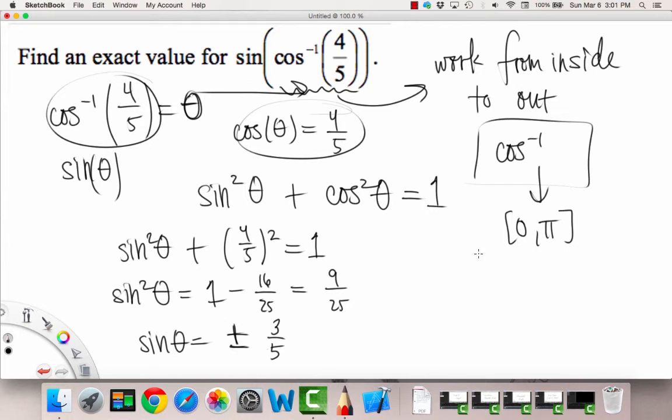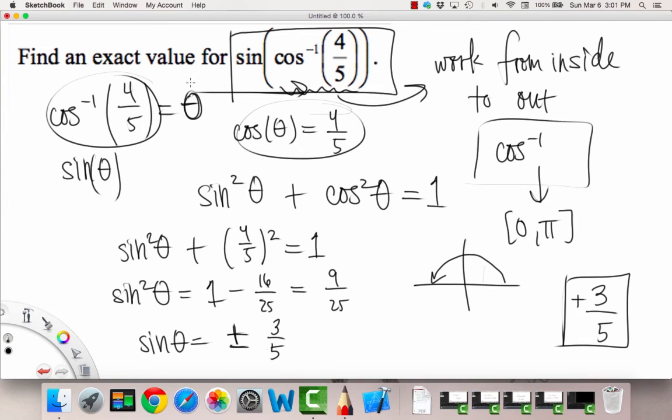So since we output only values in between 0 and pi, that means that our sine is only positive, right? Because our y values are only positive from 0 to pi. So we're just going to have to choose that positive value. So our answer is going to be a positive 3 over 5. Okay, and that's equivalent to this whole expression here at the top.